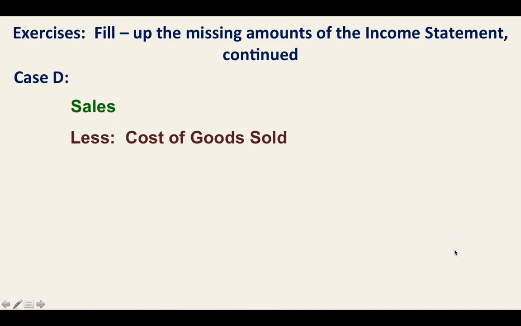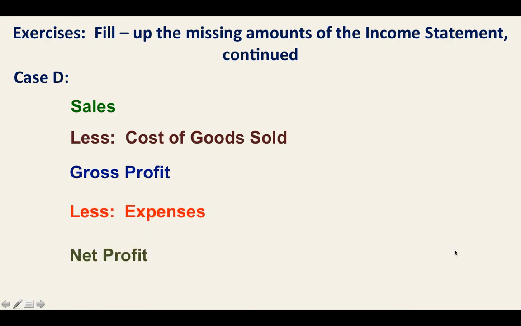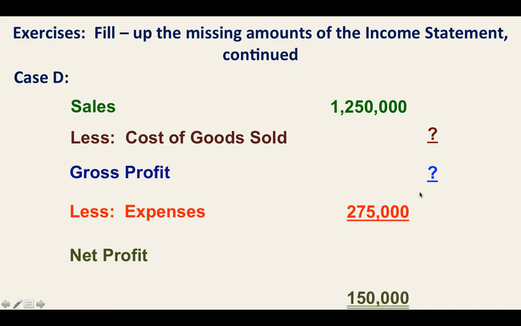Okay? Next is sales again, less cost of goods sold will give you your gross profit, less expenses will give you your net profit. So assuming that you have 1,250,000 sales, your cost of goods sold is missing, your gross profit is missing, your expenses is 275,000, and your net profit is 150,000.